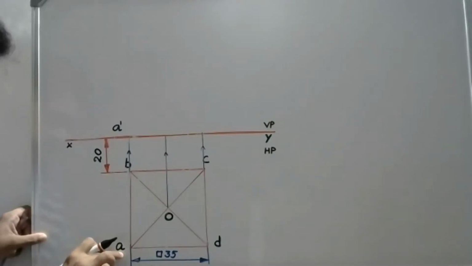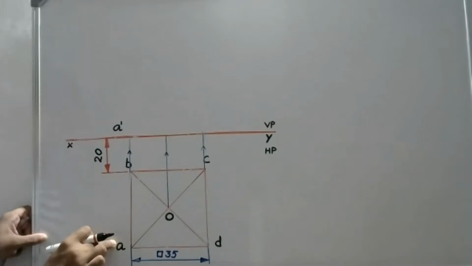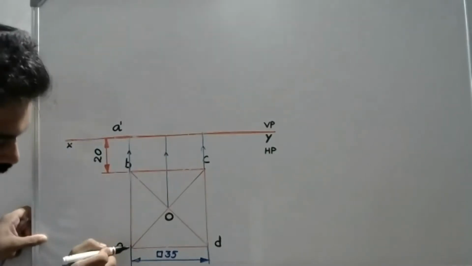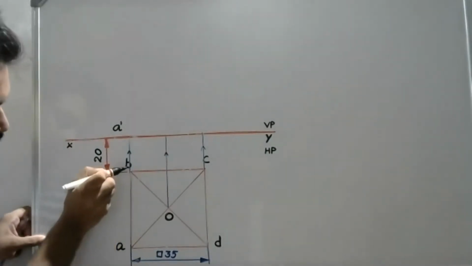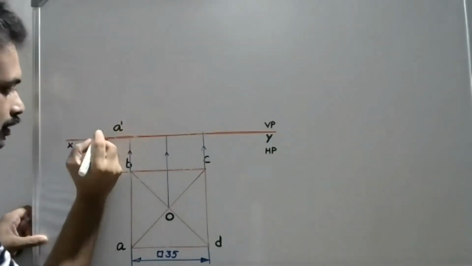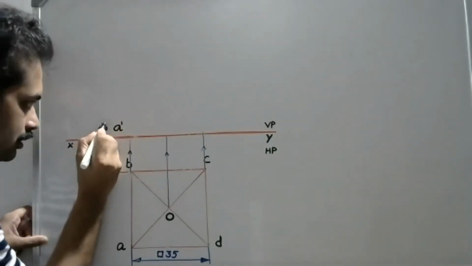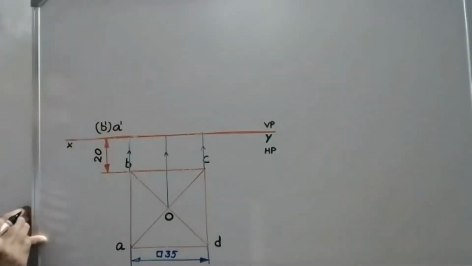If you are seeing A first, B will be behind A. We are seeing the first corner A, and on the same projection line the point behind is B. So we put the behind point in the front view in a bracket, that is (b dash).